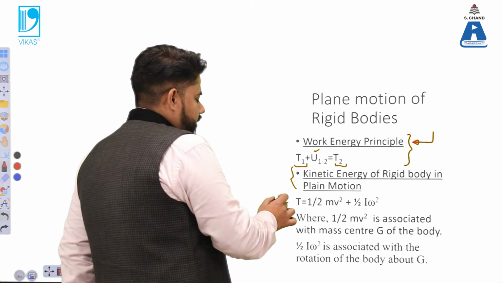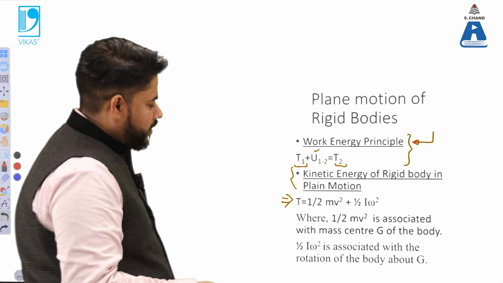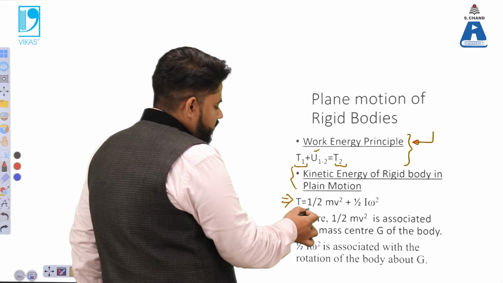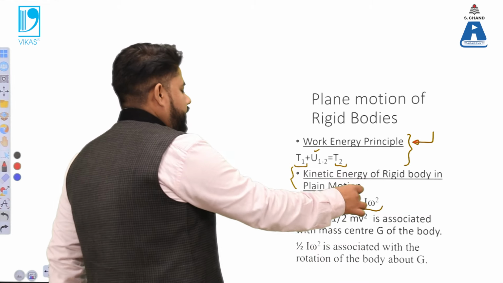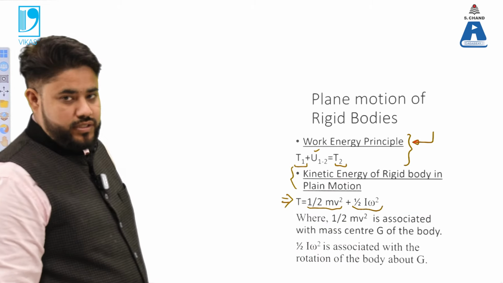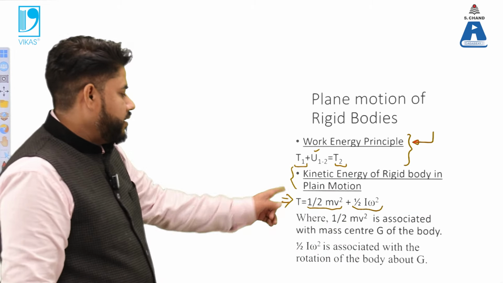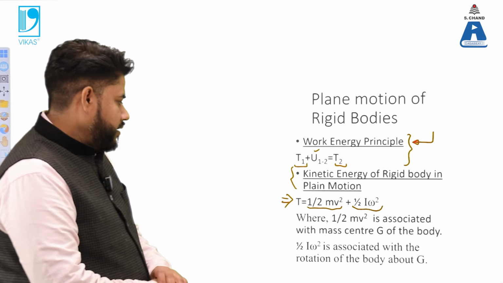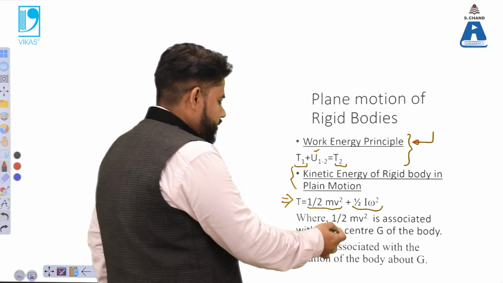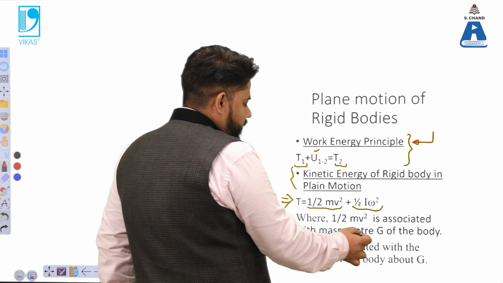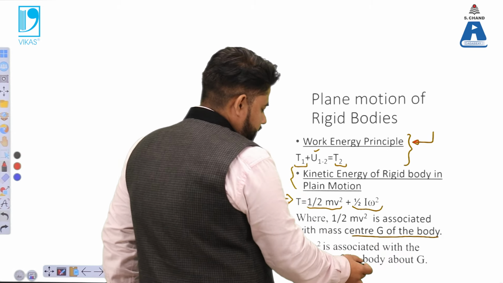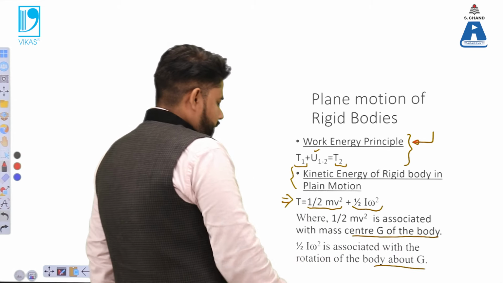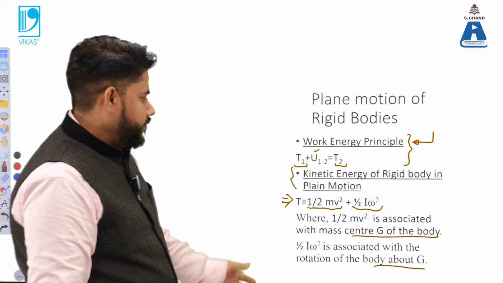So for calculating this total value, you have a case of half mv square and half I omega square. So this half I omega square is one of the energies, and half mv square is another energy associated. So half mv square is associated with the mass center G of the body, and half I omega square is associated with the rotation of the body.